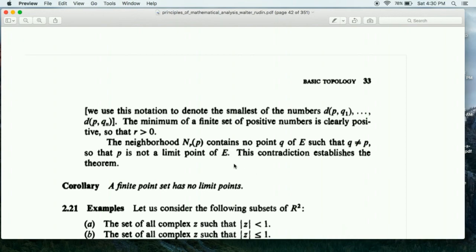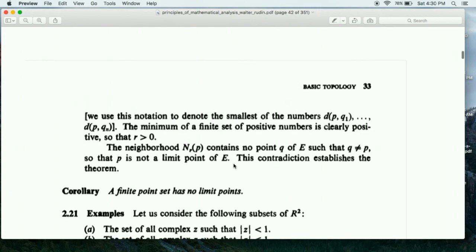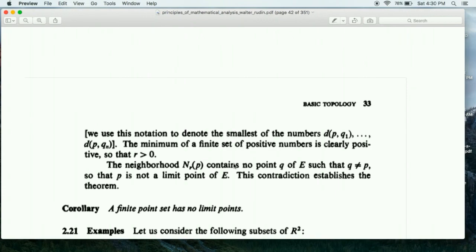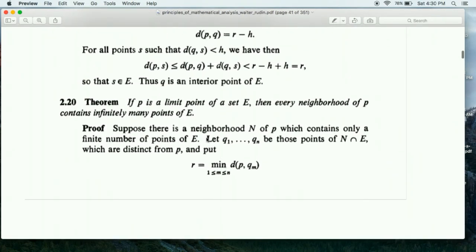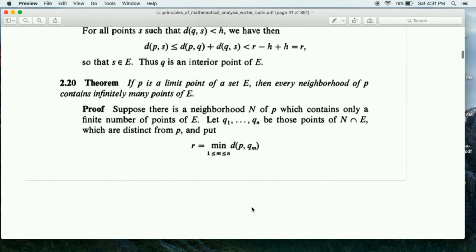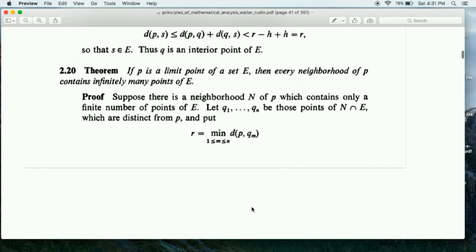And this contradicts the supposition that P is a limit point, because every neighborhood must contain a non-trivial intersection with E, and thus we see that there can exist only infinitely many points of E in every neighborhood of P.